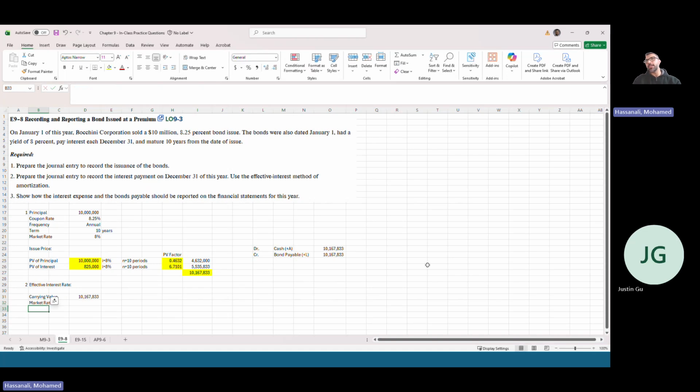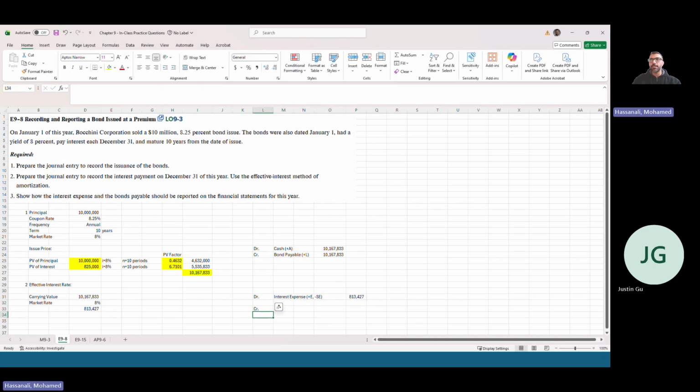The market rate in this case is 8%, which gives us an effective interest payment of 813,427. So we know that when we do the effective interest rate method, our interest expense is the effective interest. So that's a plus expense, minus shareholders' equity, of 813,427.